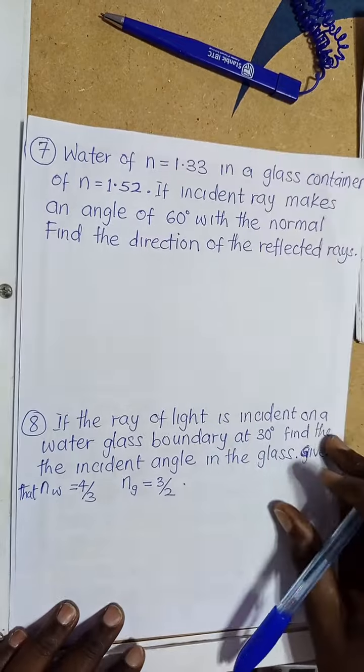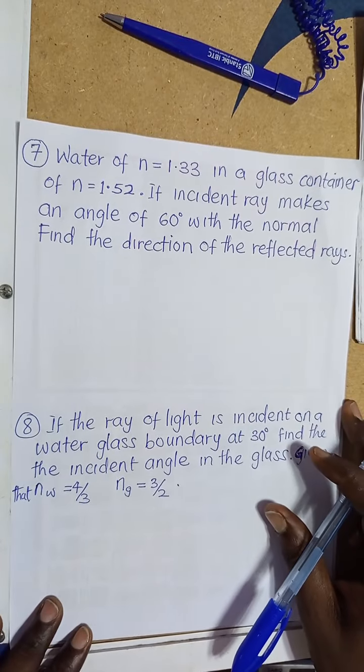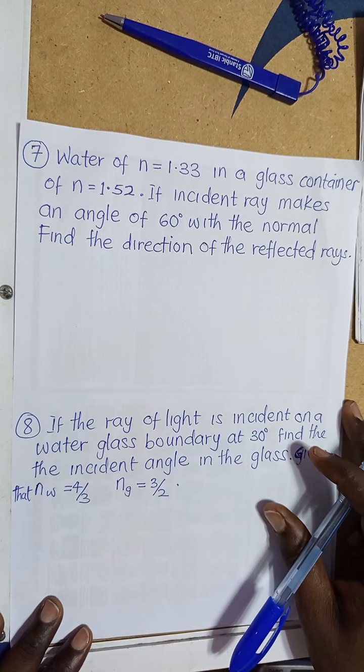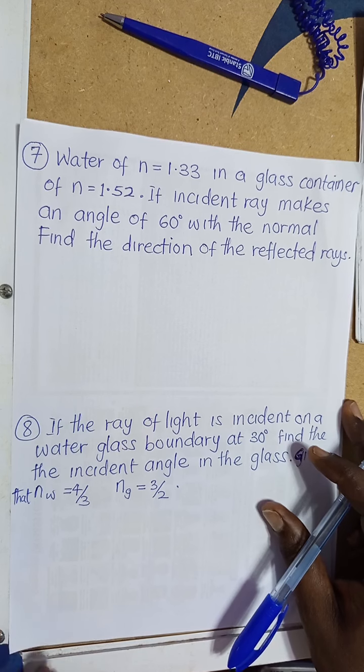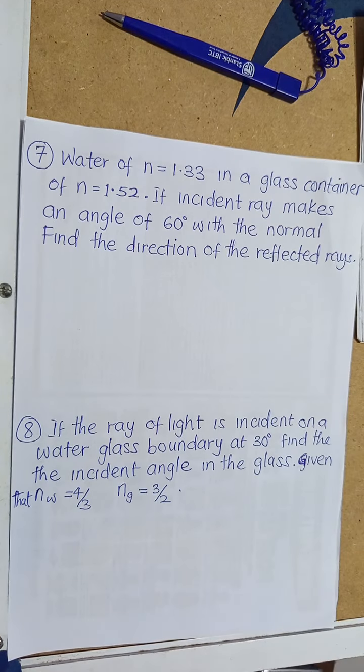Let's go to number 7. Number 7 says water of n equal to 1.33 in a glass container of 1.52. If the incident ray makes an angle of 60 degrees with the normal, find the direction of the reflected ray.